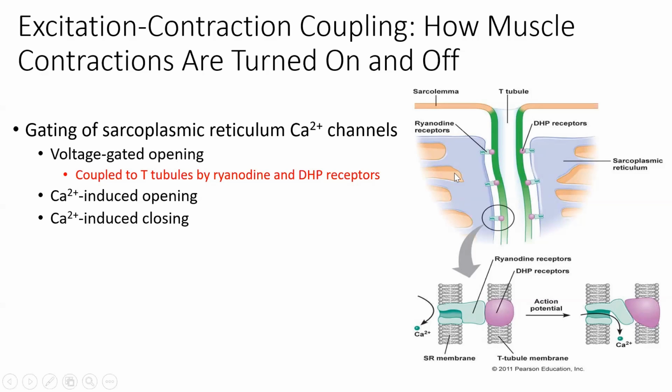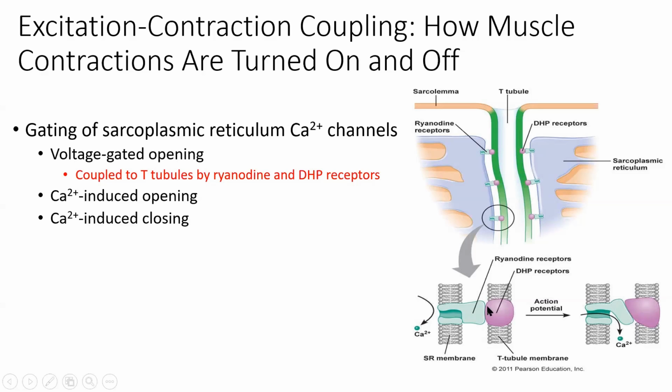So when the action potential propagates down the T-tubule, it's going to come in contact with the DHP receptor first as it goes down the T-tubule. And then that is going to signal the ryanodine receptor, which is touching the DHP receptor, to open up this channel. So the ryanodine receptor is not only a receptor, but it's also a calcium channel.